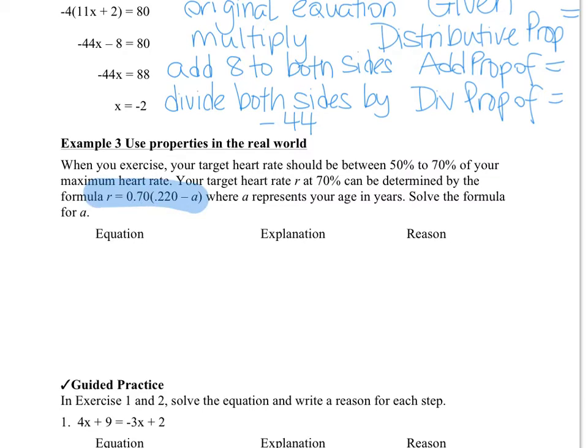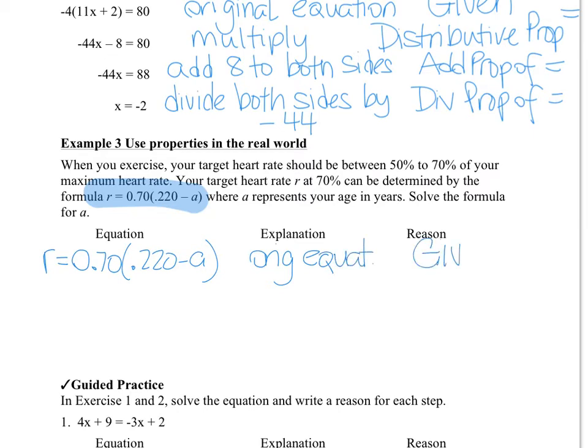Solve the formula for A. Okay, so the first thing we have to do is write down the original equation. Again, the explanation is that it's the original equation. Reason I can write it is that it was given to me.